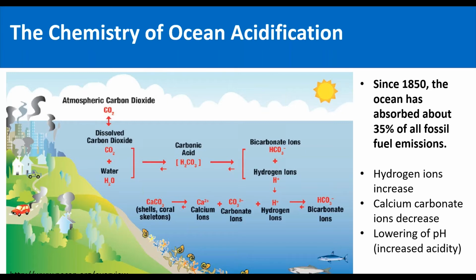So it's a very important issue. As mentioned here on the slide, about 30% of all fossil fuel emissions has been absorbed by the oceans itself. It's a big sink, but it can't hold it all forever. And there are lots of associated changes that go along with the chemistry of the ocean and the biology in the ocean. Next slide, please.